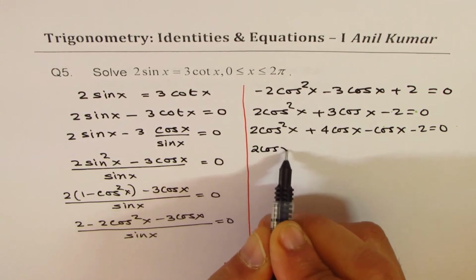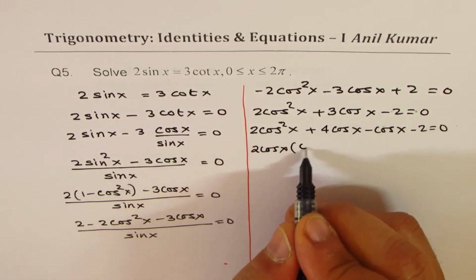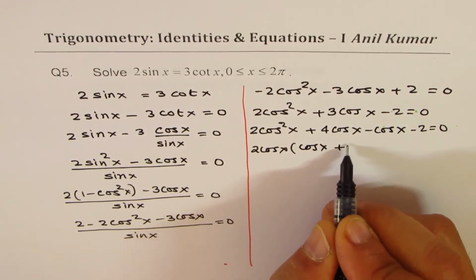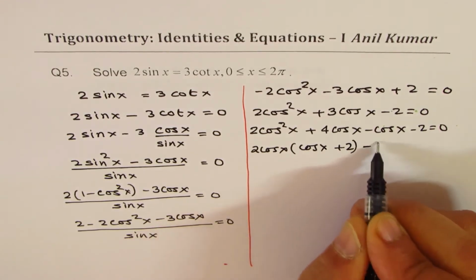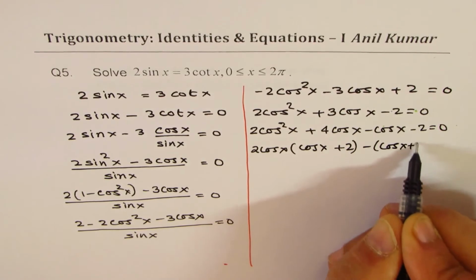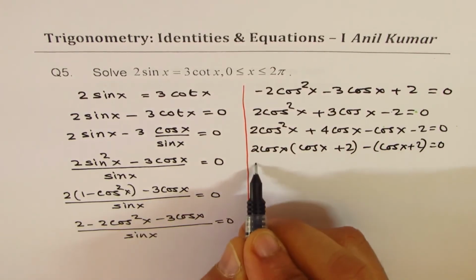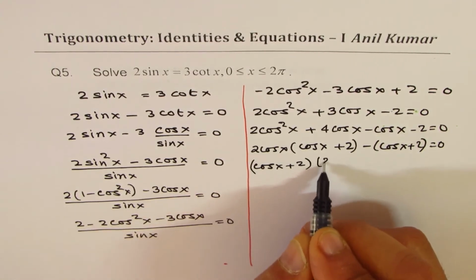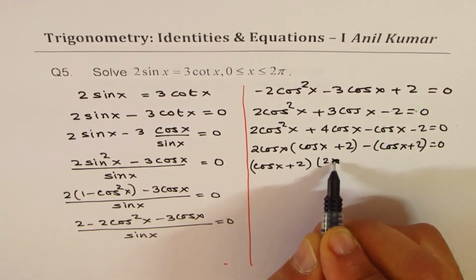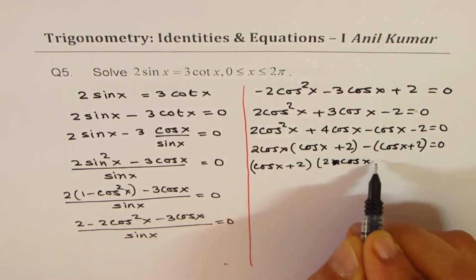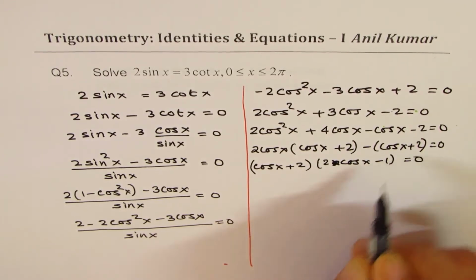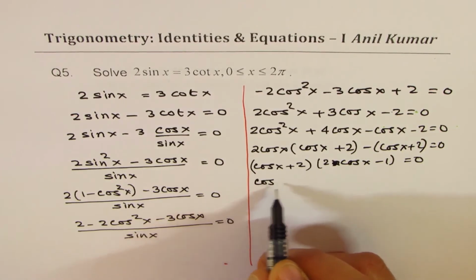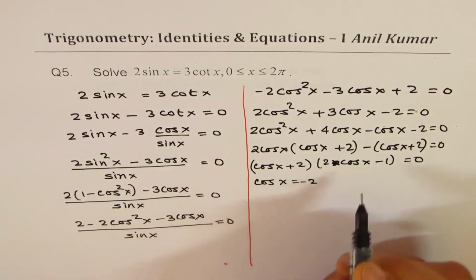Taking 2 cos x common in the first two, we get cos x plus 2, minus cos x plus 2 equals 0. So we have cos x plus 2 as common factor and 2 cos x minus 1 as the other factor. So what solutions can we get? We can get solutions as cos x equals minus 2.